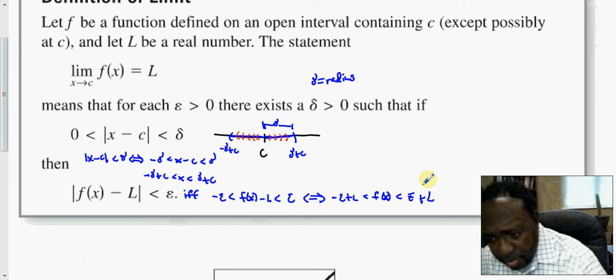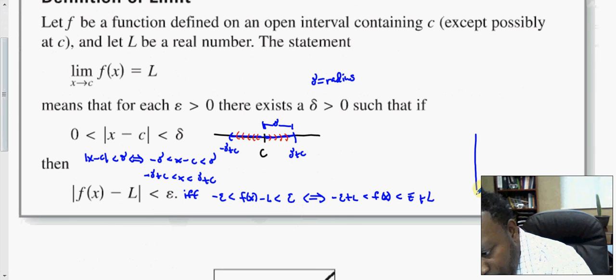And so now the same thing here occurs on the y-axis. So if you've claimed that L exists, some limit exists, then what happens above it and what happens below it?